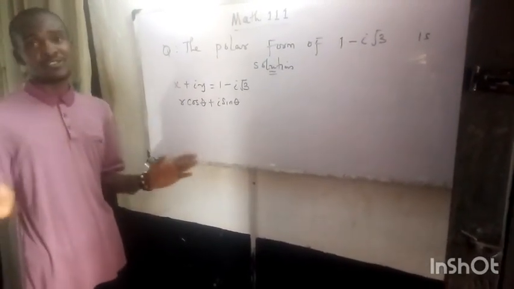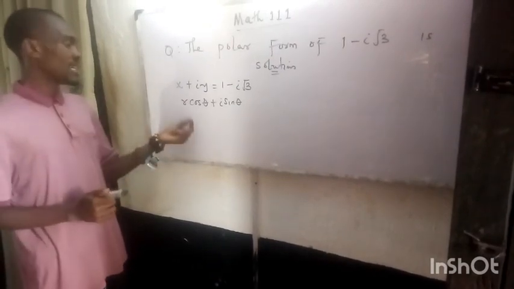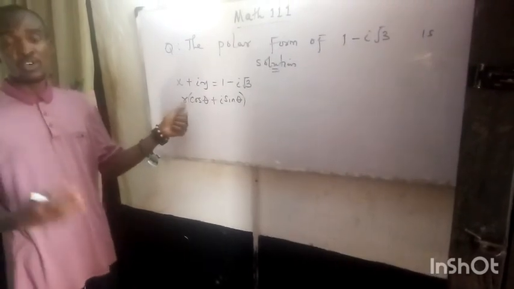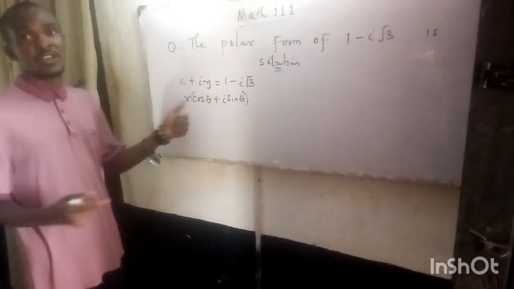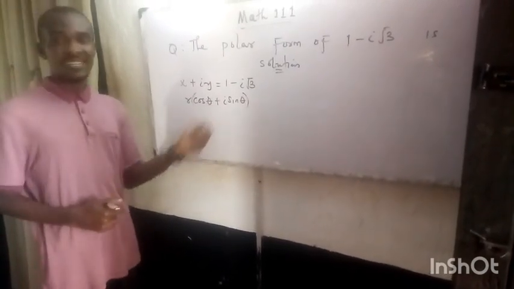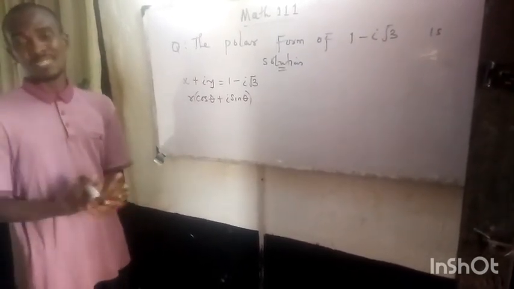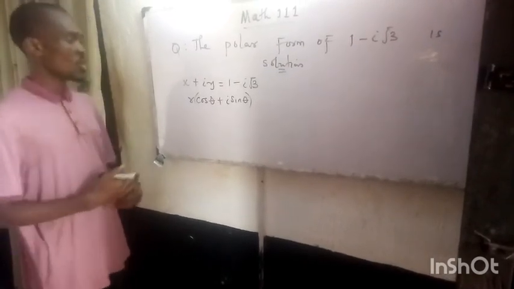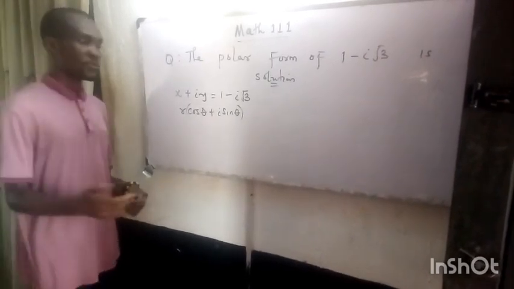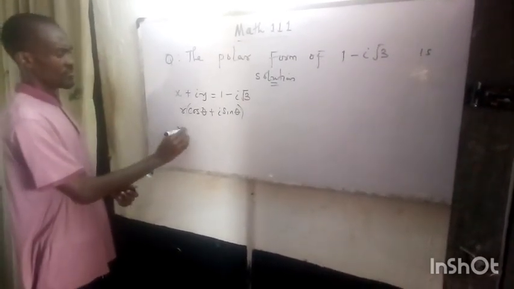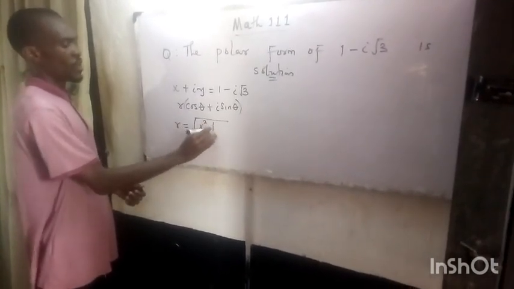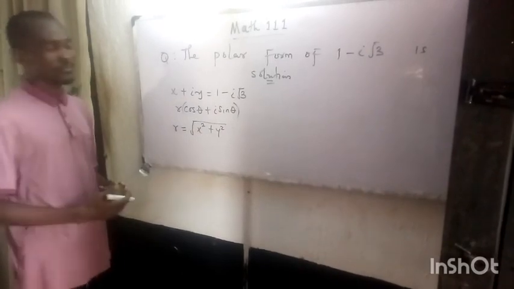So all that we need to do is to obtain the value of our r, which we remember to be the modulus of the complex number, and then we obtain the value of our theta, which we remember to be the argument of the complex number. To do that, we make use of some formulas: the modulus is the square root of x squared plus y squared.